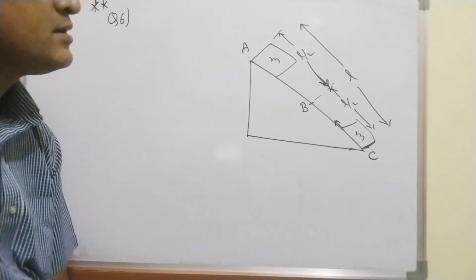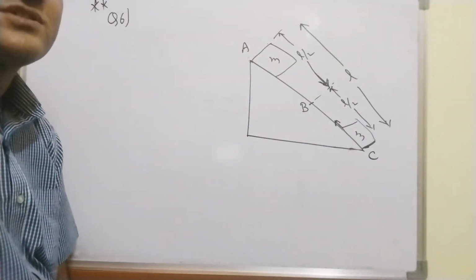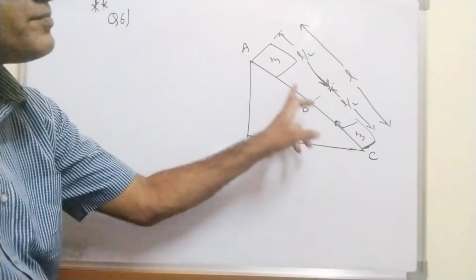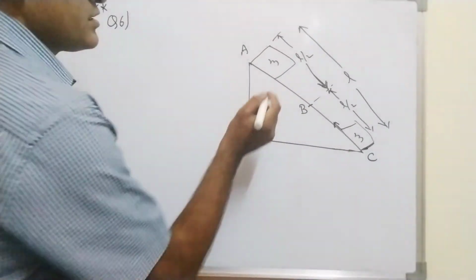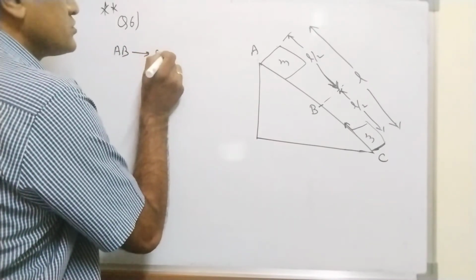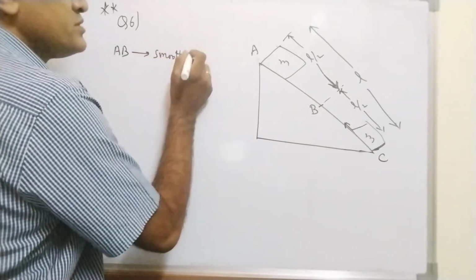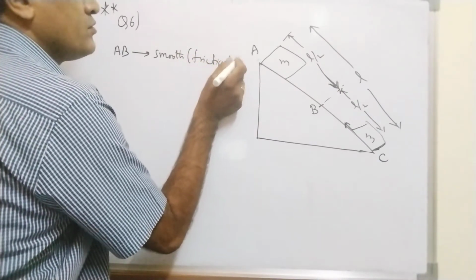But here the inclined plane is in such a way that half of the portion of the inclined plane is smooth. This portion AB is smooth. AB is said to be smooth. Smooth means frictionless.